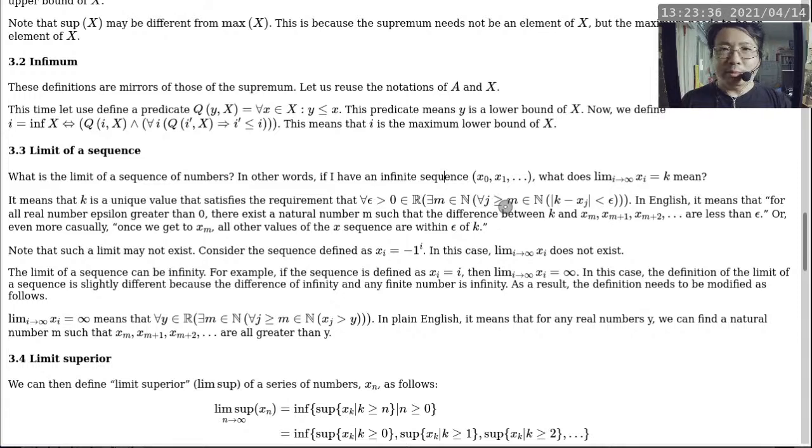What is epsilon representing? Oh, it's just representing a certain range around the limit. What is m representing? M is representing an index. It is the starting point in the sequence where everything from that point on will be within epsilon away from the limit. What is j?